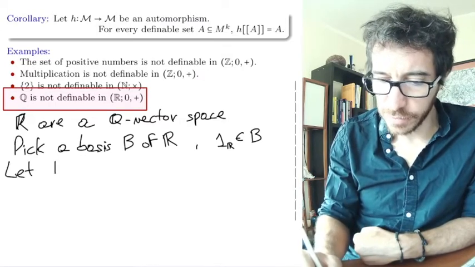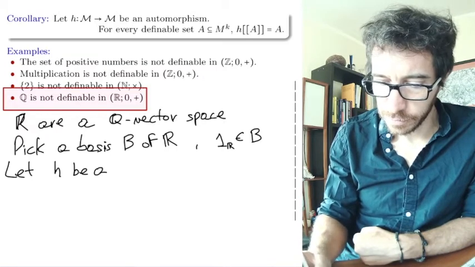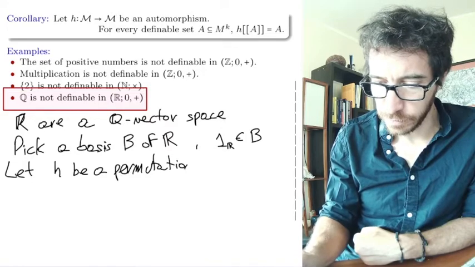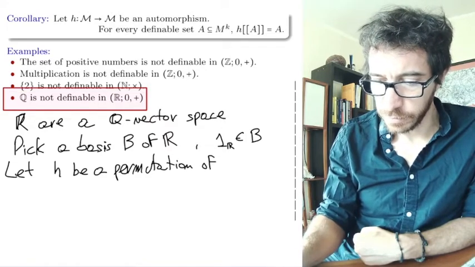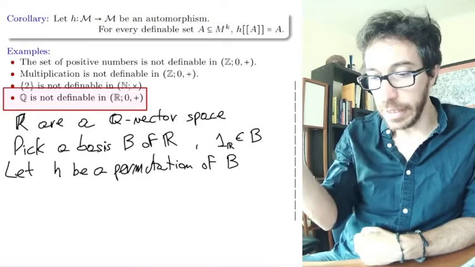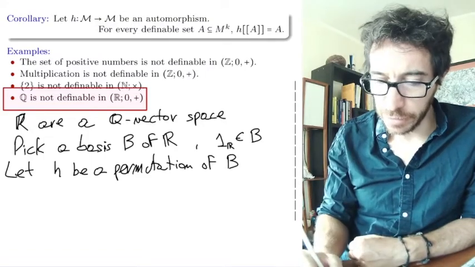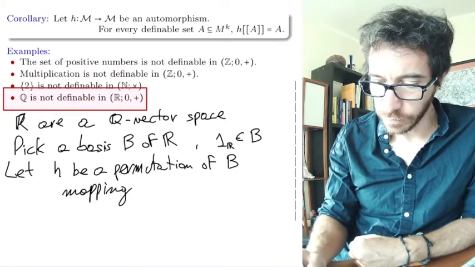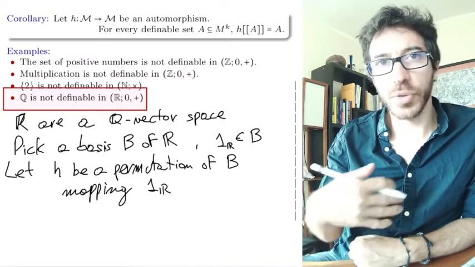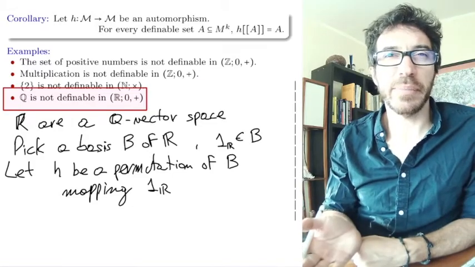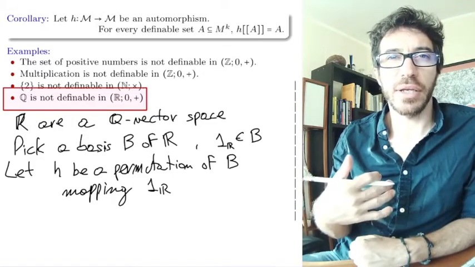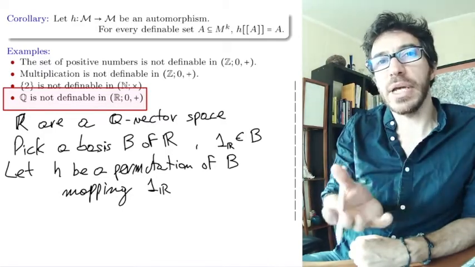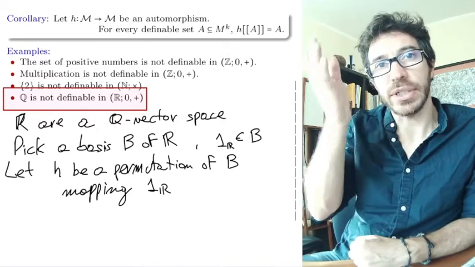Now consider H, a permutation of B mapping 1 to some other element of the basis, which has to be linearly independent from 1, so it has to be non-rational, because the scalar multiples of 1 are exactly all the rational numbers.